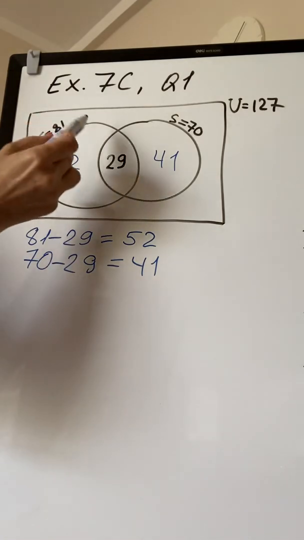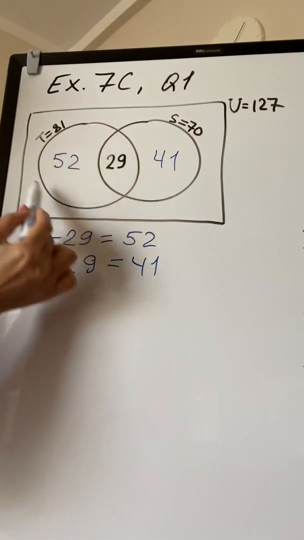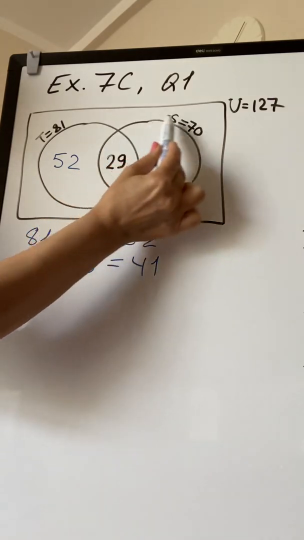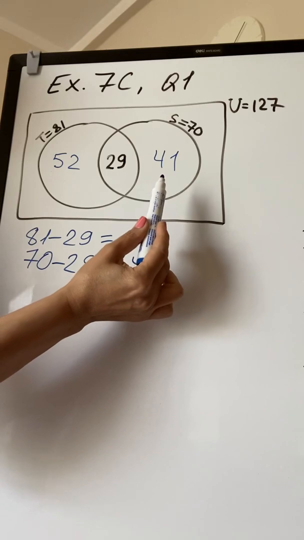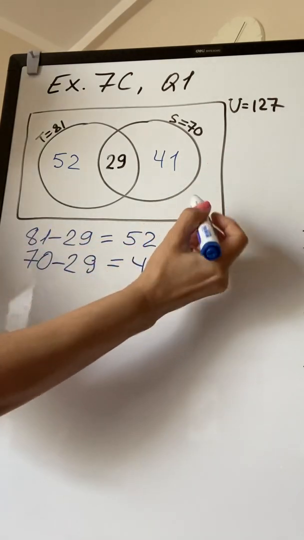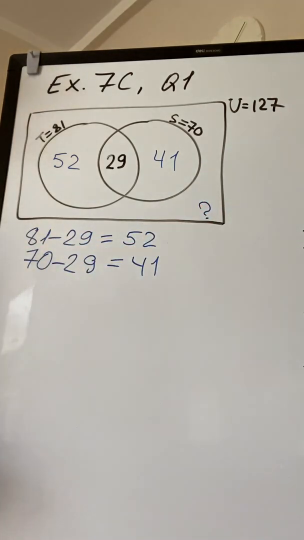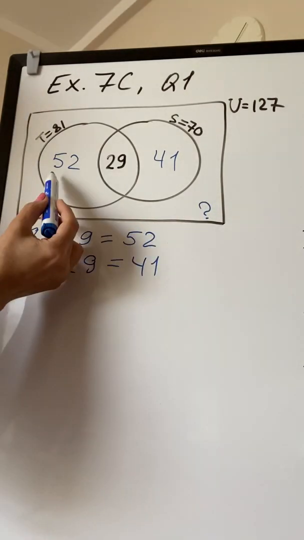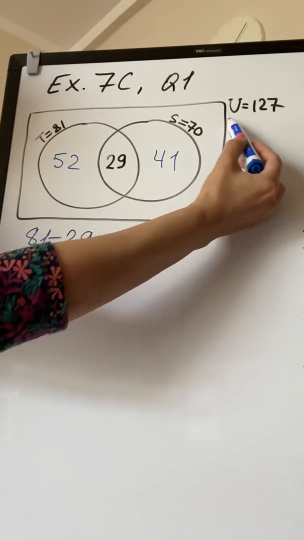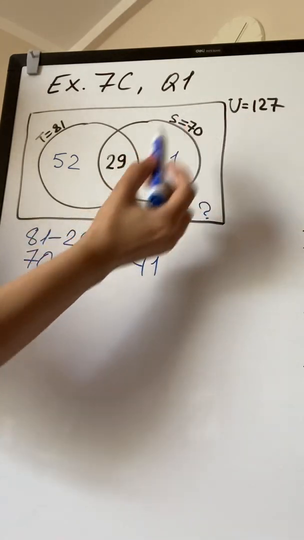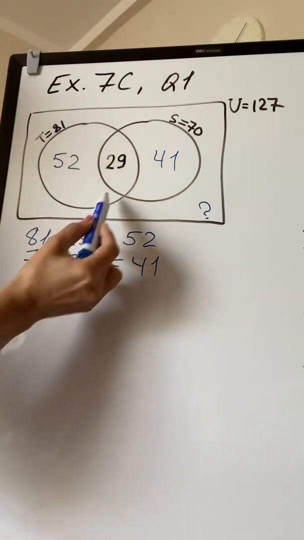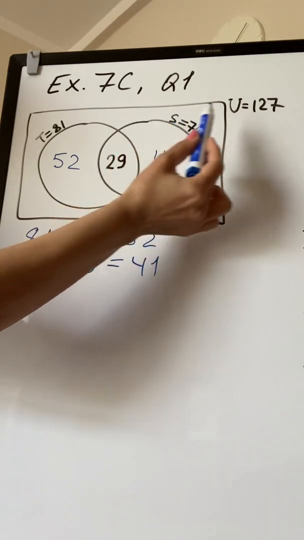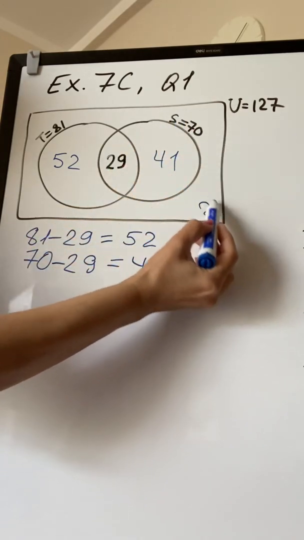Well, now we have this area, the middle one, and the smartphone-only area, and we have the total. We're missing how many users use none. We need to find that number. We're going to take the total number of users, 127, and subtract this, subtract that, and subtract the middle. By doing that, we will find the remainder.